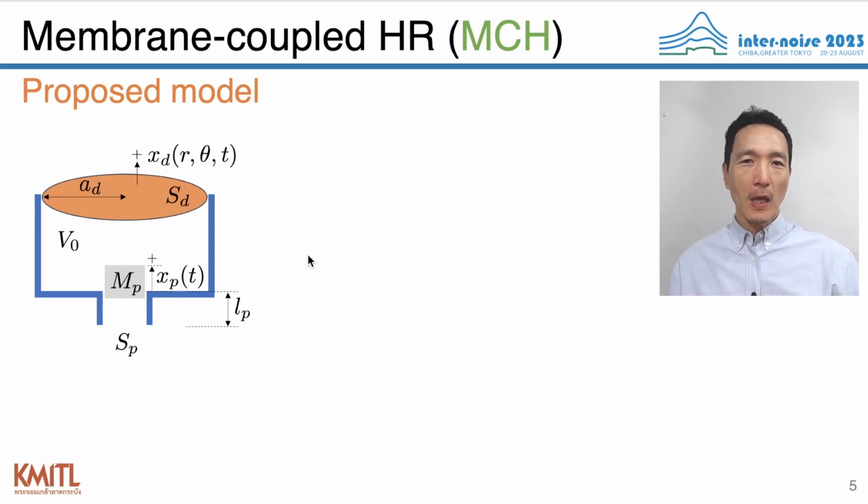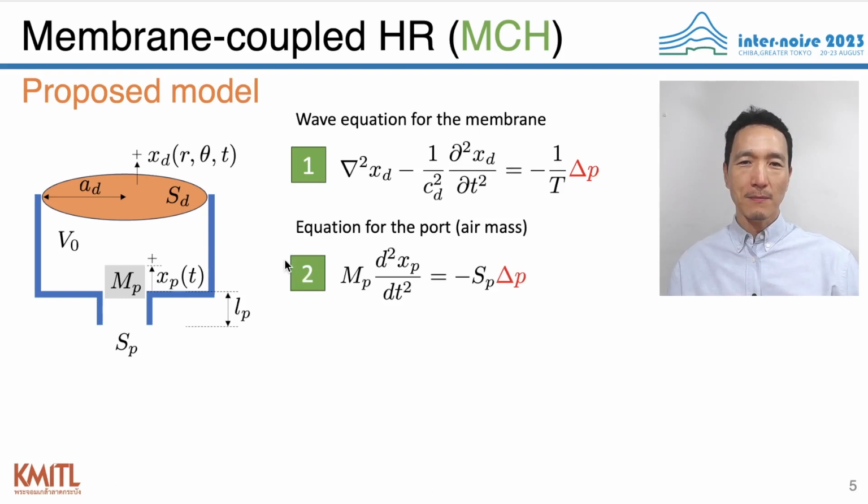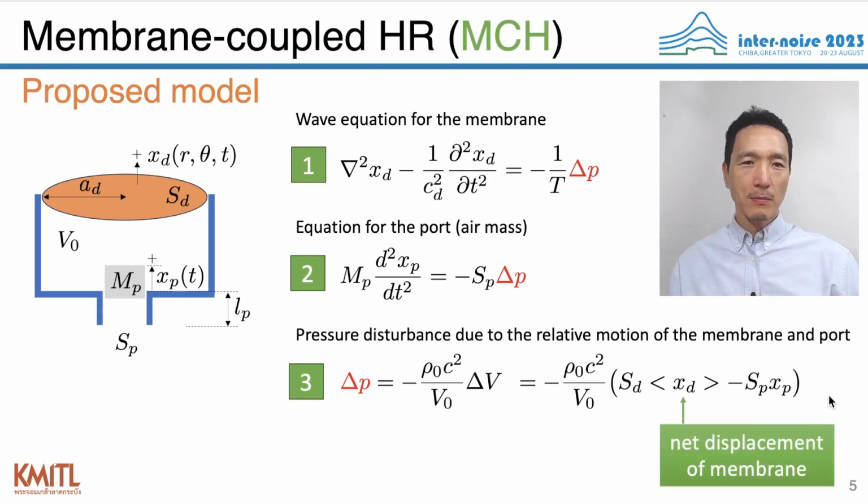First, we need the wave equation for the membrane displacement x_d, and the second is the equation of motion for x_p. These 2 displacements, x_d and x_p, are under the influence of the pressure change delta p in the cavity. And we can represent this delta p by using many known parameters, including the net displacement of the membrane.